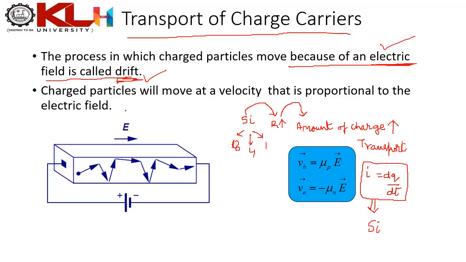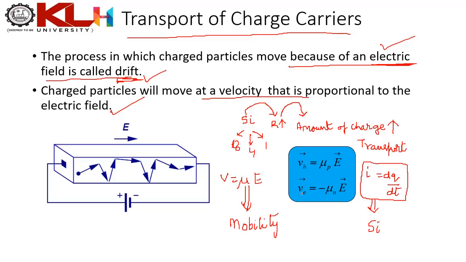Okay, and of course when these charged particles are in the presence of an electric field, they attain some velocity, and this velocity is proportional to the electric field. So that velocity v is nothing but mu times E, where E is your electric field, and this mu is called your mobility.